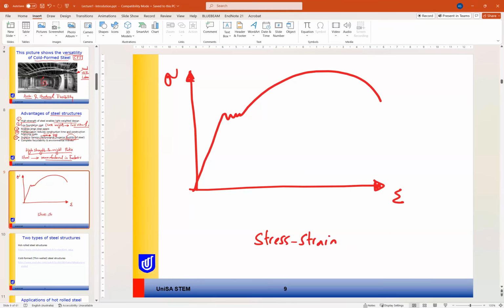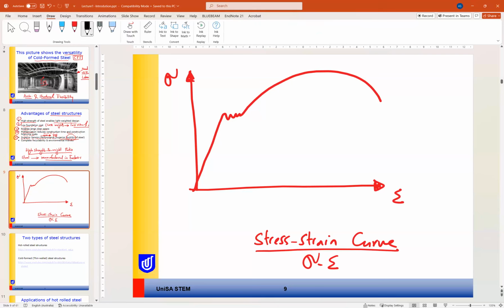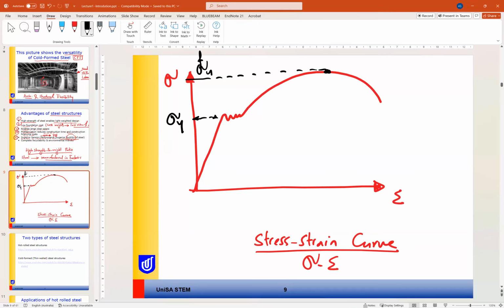Or we can call it sigma epsilon curve. So at this point of steel, we have the yielding point, sigma yield, and this point is the sigma or F ultimate.